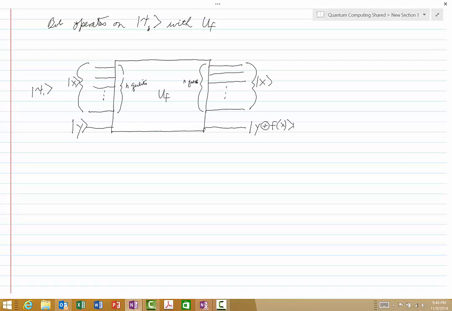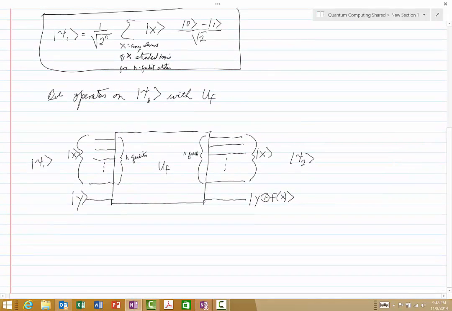Now we're going to call this C2. The input is C1, the output is C2. So let's now figure out what C2 will be. We have up here what C1 will be. Well, the first thing that we can say is easy. We know that the first n qubits of C2 will be identical to the first n qubits of C1, because that's the way that this works.